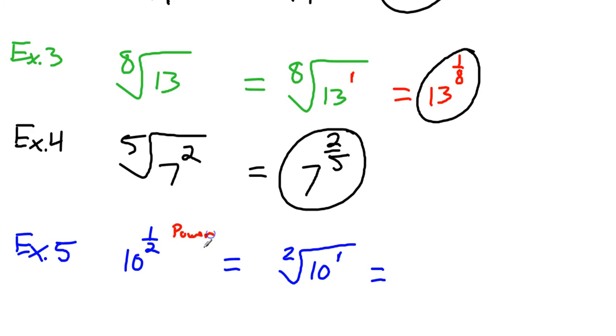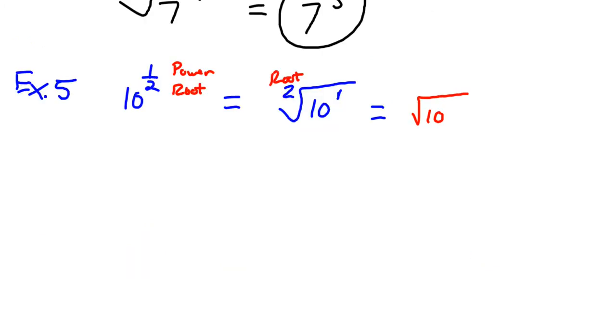So this is your power, and then this is your root. And the root always goes here, and the power should go on the inside. And again, if it's 10 to the 1st power, in that case, you really wouldn't have to write the 1 because it's already there. And same thing with the square root. If it's square root, you don't have to put the 2. So for that one, you just put square root of 10.